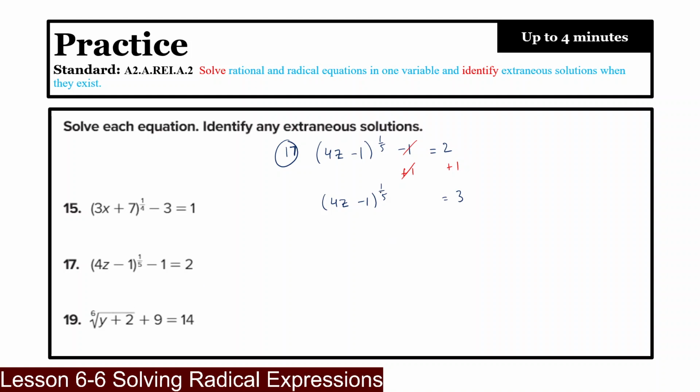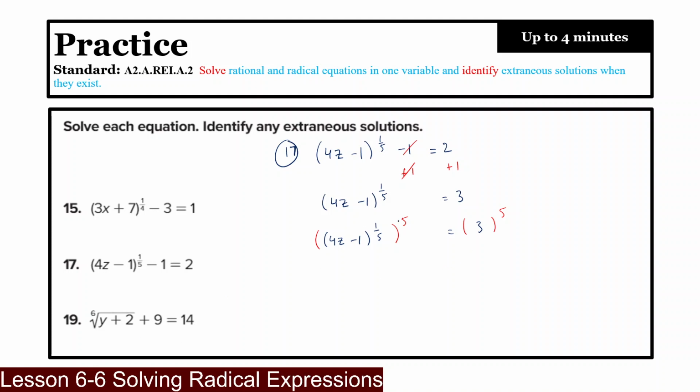To get rid of this radical, I need to raise by the index. So I'm going to raise everything here by 5 because 5 is my index, and raise everything over here by 5. So what do I put inside? Well, 4z minus 1 raised to 1/5, and on this side, the right side, we have 3 raised to 5.